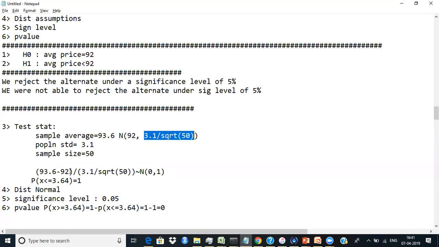So I subtracted the mean and divided by the standard deviation. This whole thing is the standard deviation under the central limit theorem. So I am doing the exact same thing. In that case, we had the standard deviation as a whole. Here, the standard deviation looks like this.